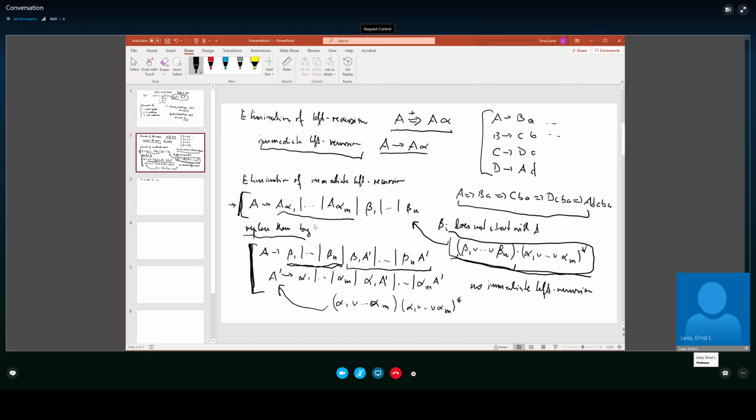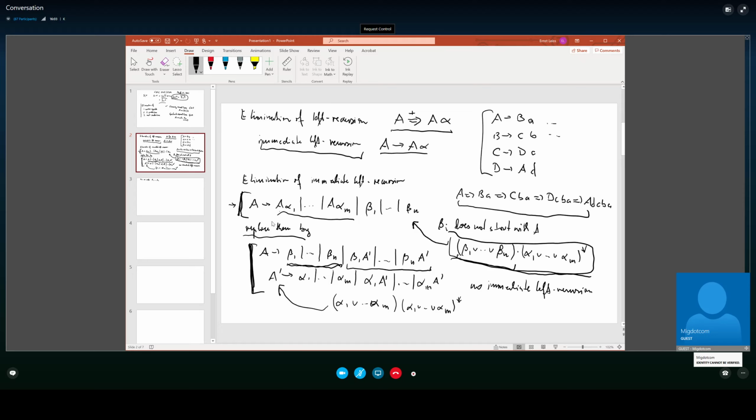Right below that first line. This is A and this is A prime. A generates, we basically keep all the A goes to beta 1 through beta n. This is the same thing as that. And then we replace these by beta 1 A prime through beta n A prime.